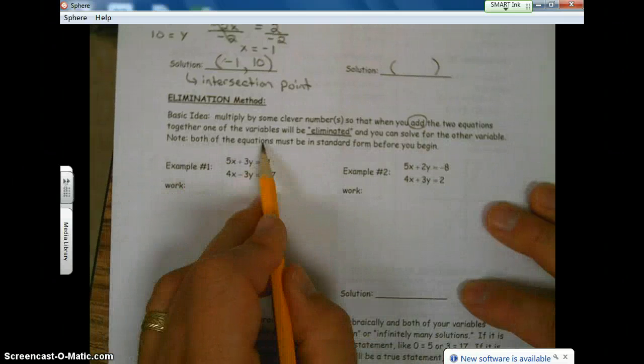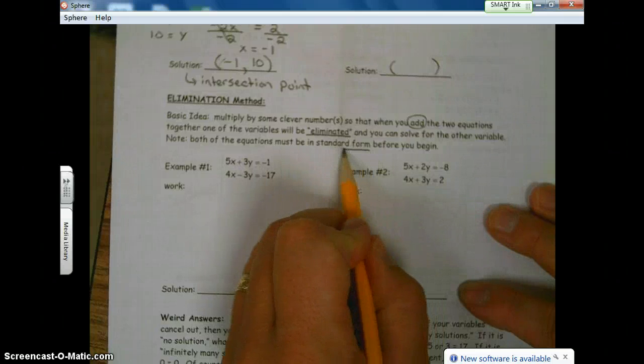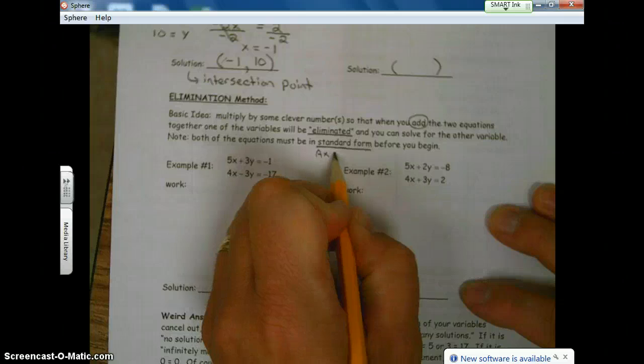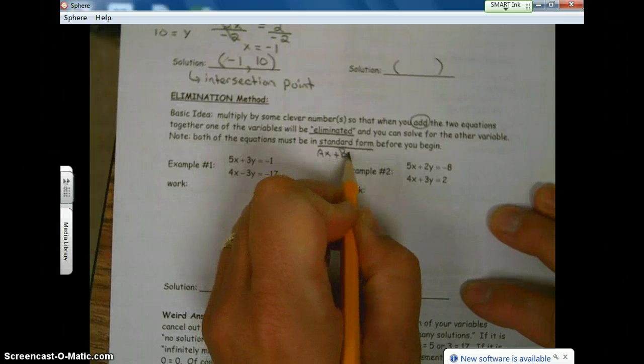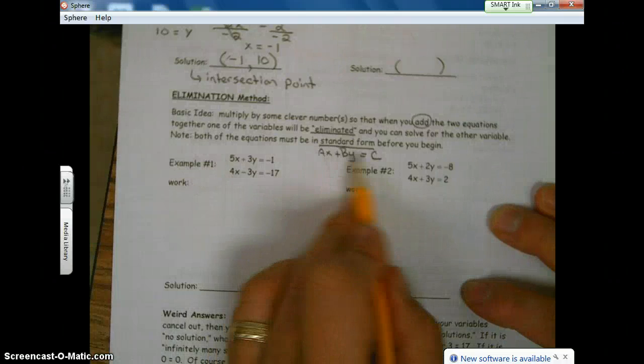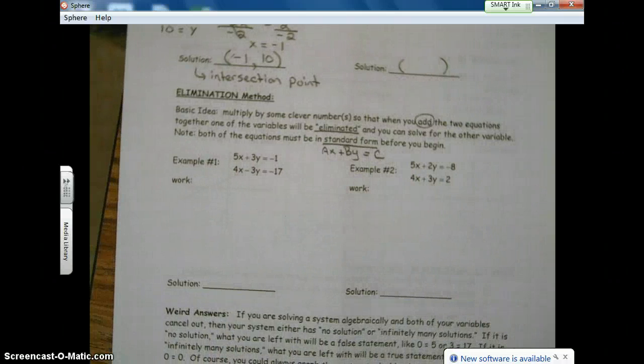Note, both of the equations must be in standard form. Remember, standard form, ax plus by equals c, where a, b, and c are your numbers, your constants.